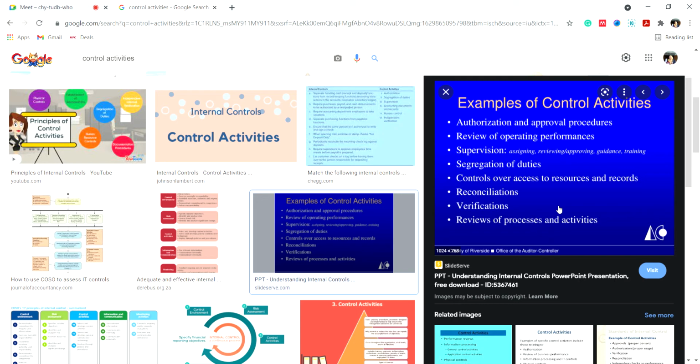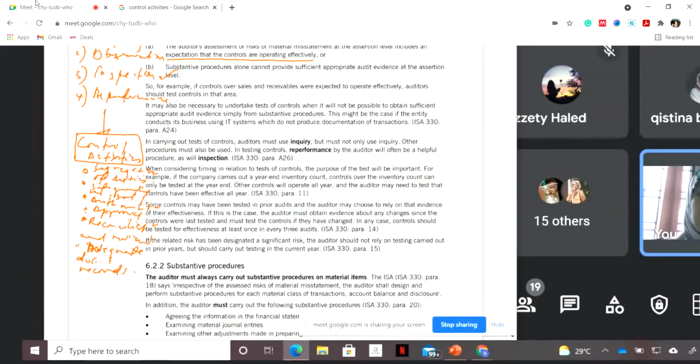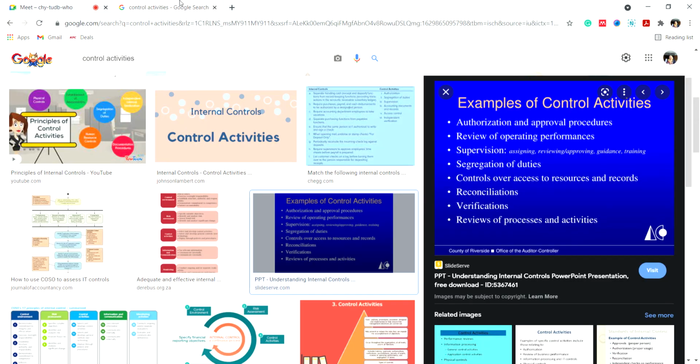Observe the activity, whether the activity exists or not, effective or not. Because they say they have a segregation of duties between the person who signs the receipt document, the goods receipt note, GRN, and the person who orders the stock or orders the inventory.